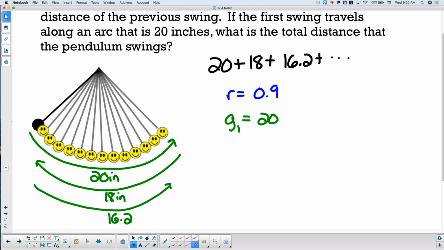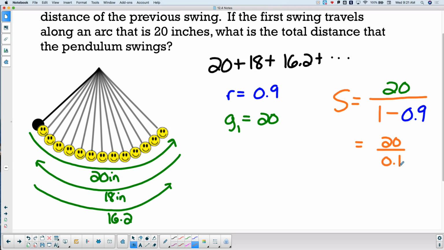So the sum here is going to be 20 divided by 1 minus my R value, because it's an acceptable R value. It's in between -1 and +1. 1 minus 0.9 is 0.1. 20 divided by 0.1 is 200.